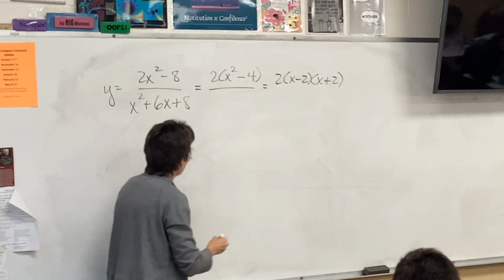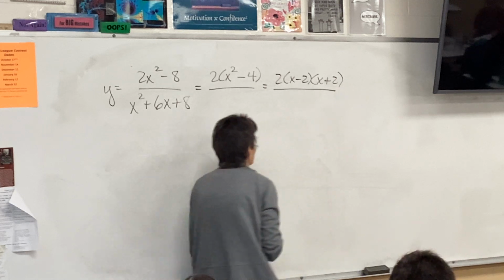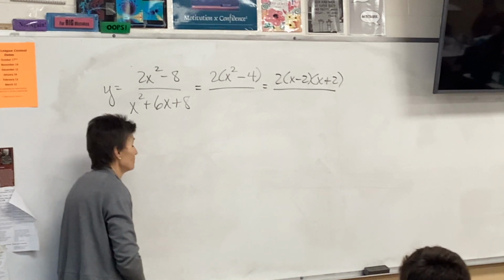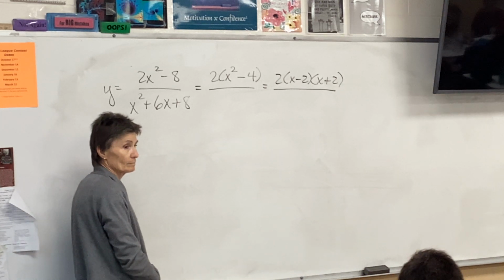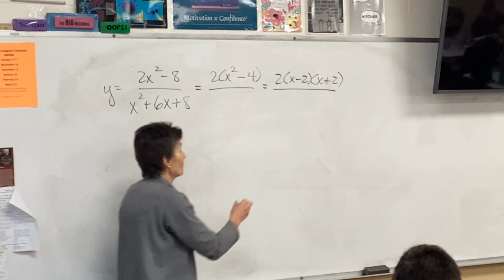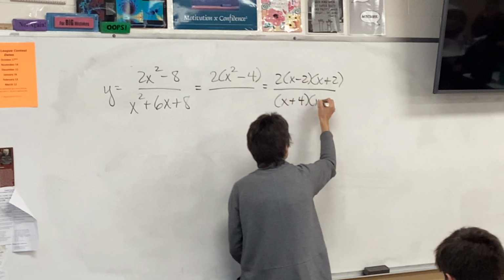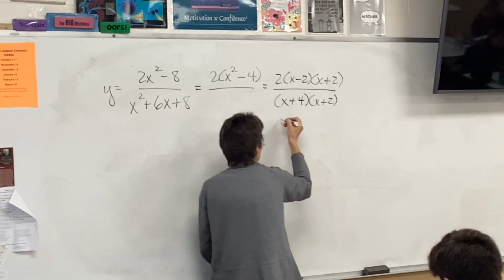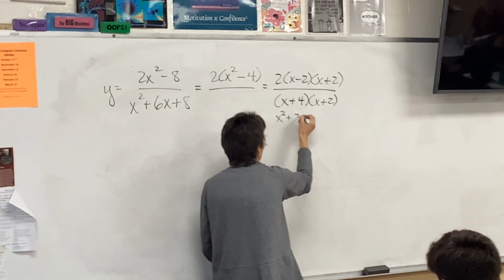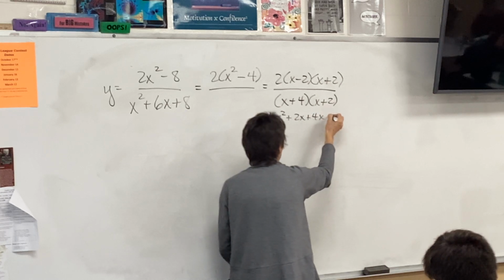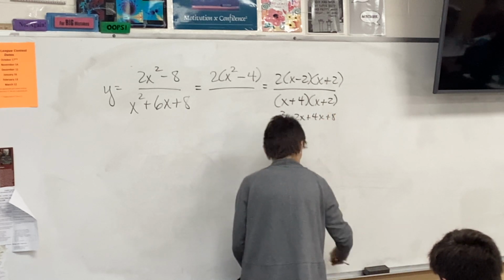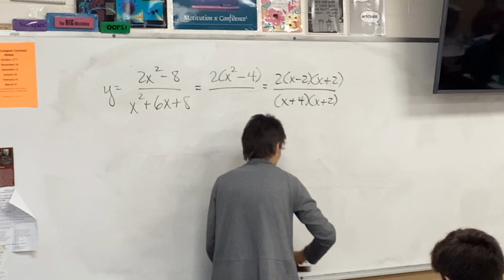Now what about the bottom? Anything happening on the bottom? Would it be, I heard, x plus 4, x plus 2? All right, let's double check that. First, outside, inside, last. Yep. Good job.